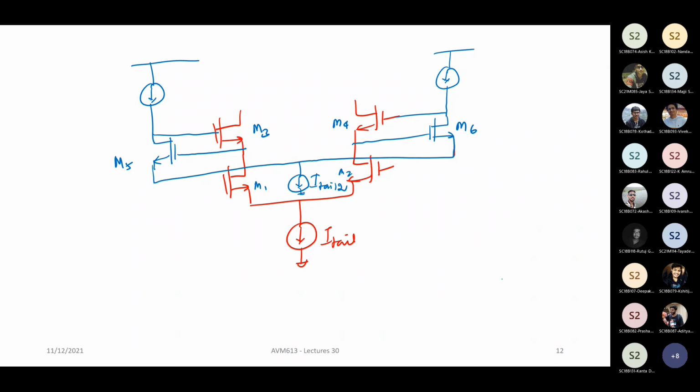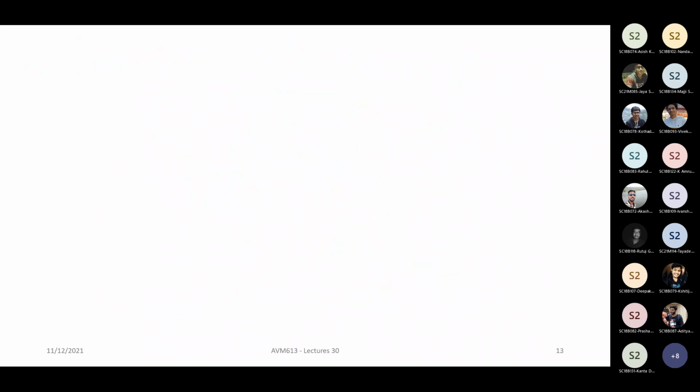If you take a regulated cascode and you want to calculate the gain, the gain is basically nothing but GM multiplied by R out, right? Now what is the GM here? Of course, in this case, the GM is the normal GM of M1, M2, right?